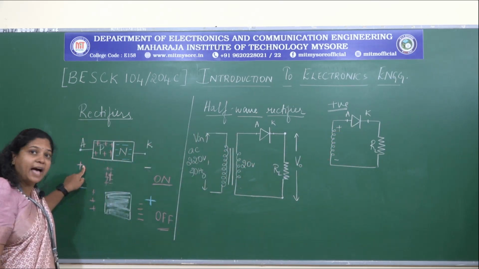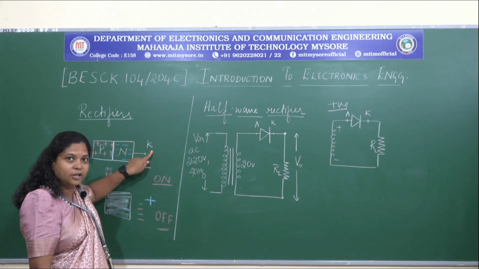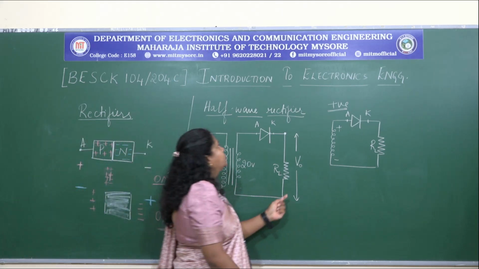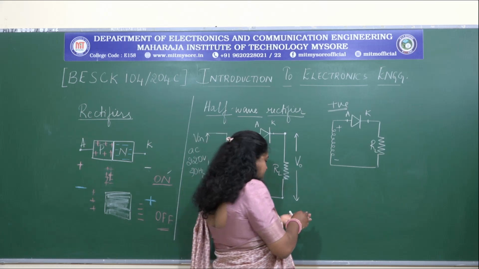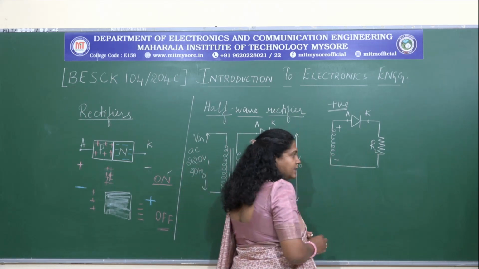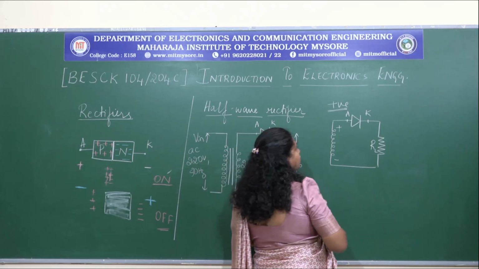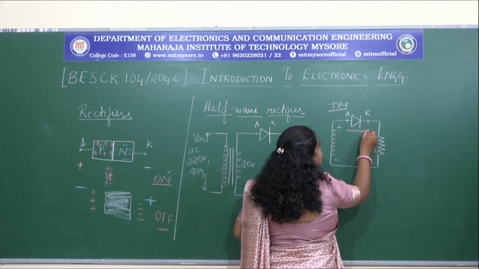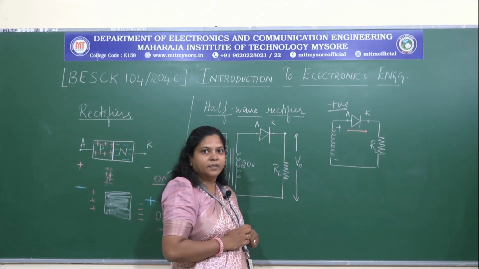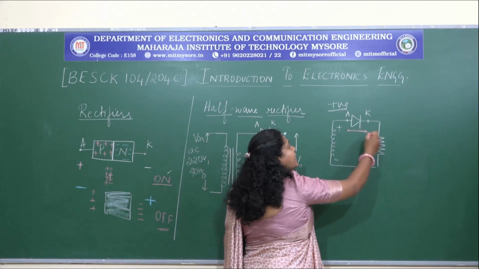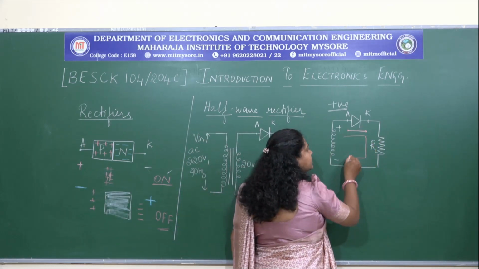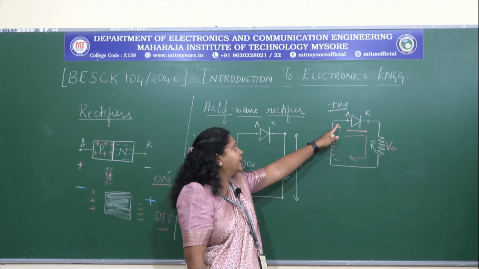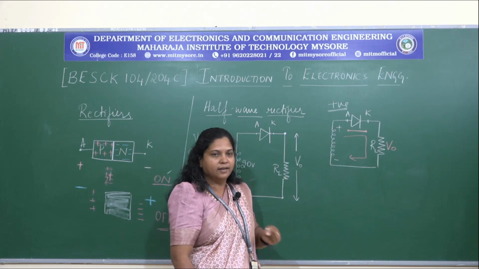We already said that if the anode is connected to positive and cathode to negative, the diode will be in its on state. Similarly here in the half wave rectifier circuit, the diode is going to be in its on state. When the diode is in its on state, we represent it as a short circuit, which means it allows the current to pass through it, and hence the current flows here and we get the output voltage in the positive half cycle.